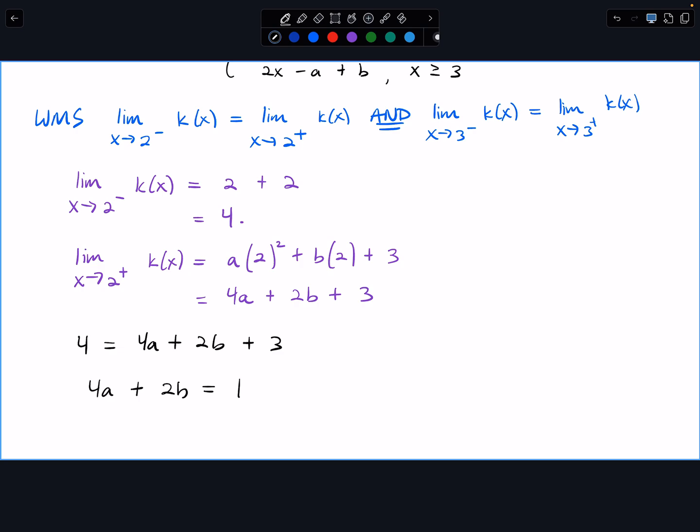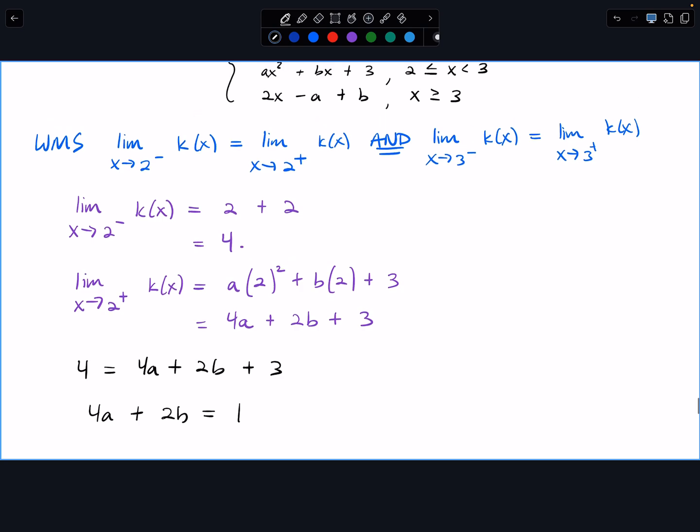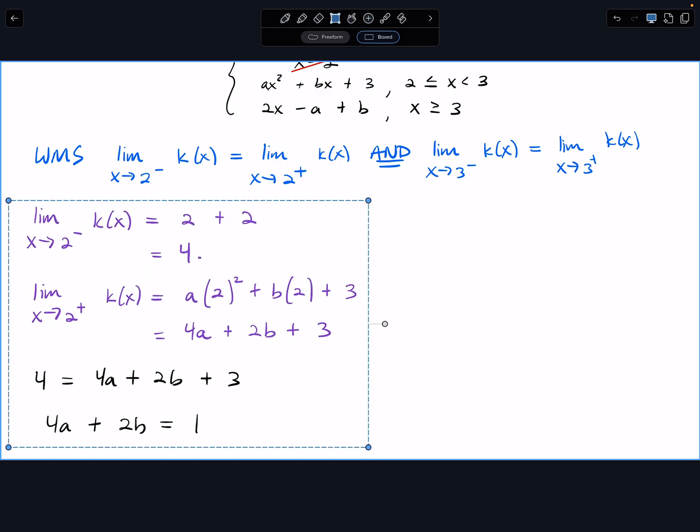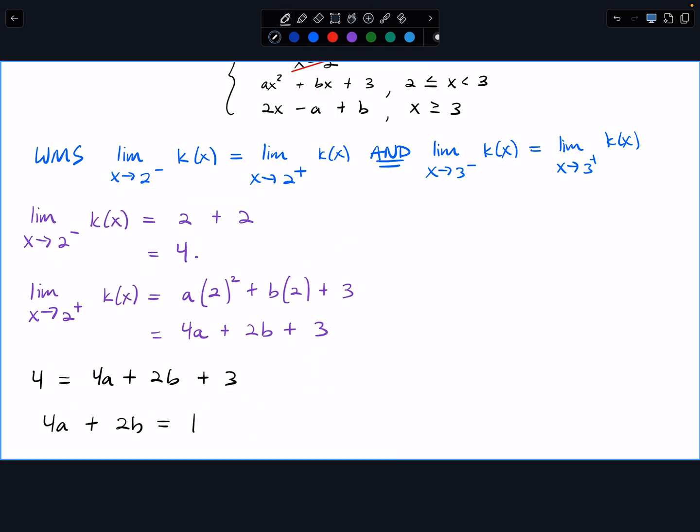It's fine. Are we good so far? Okay. What are we going to do with this? Stay tuned. But now let's do the limit when x approaches 3. I'm going to slide this over. I'm going to draw a little wall so you guys can see what I'm doing.